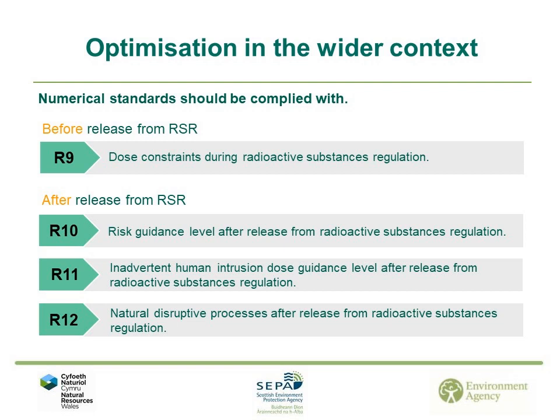Requirement R10 defines a risk guidance level to protect people from any radioactivity migrating through the environment. Requirement R11 defines a dose guidance level to protect people during and after potential inadvertent human intrusion. And Requirement R12 requires operators to consider natural disruptive processes. Please note that these requirements are covered in further detail in Module 5, Understanding the Numerical Standards.